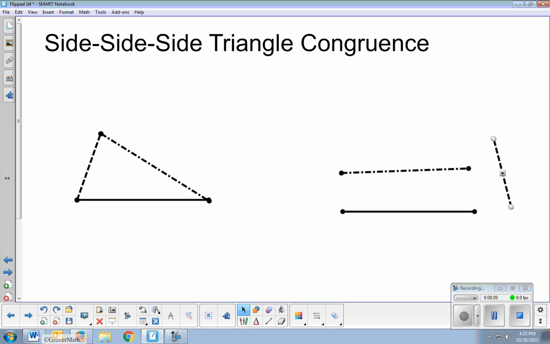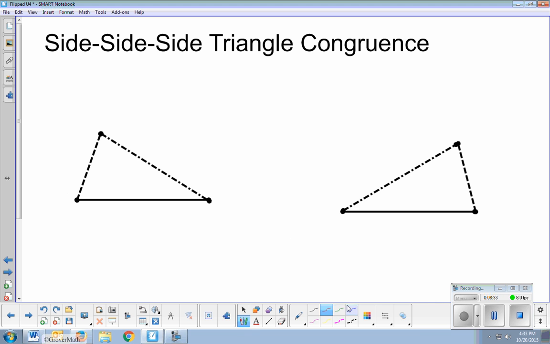Let's see this. I can move this one over to here. This one I'm going to have to turn a little bit. I don't want to change its length by turning it, but you can see that this is the same length as that.